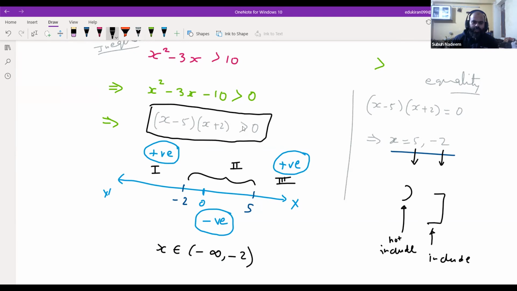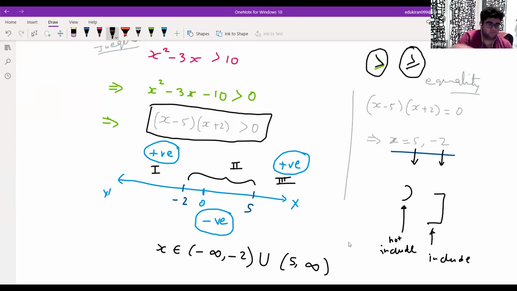Because it is greater than, not equal to. Greater than is like this, greater than equal to is like this. So greater than means that it is not equal to. Greater than equal to means greater than as well as equal to. So here we take open bracket. Union minus 2 to 5 we can't take because it is negative. We come to 5 to infinity. So this will be the answer.